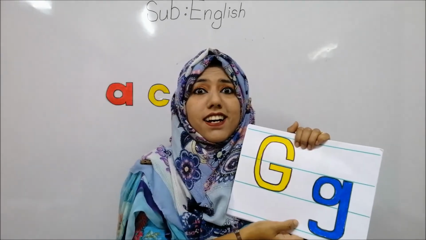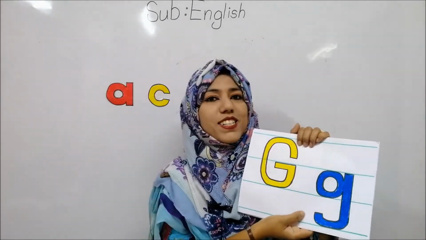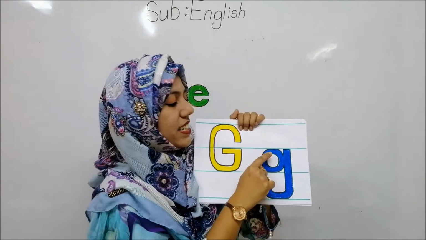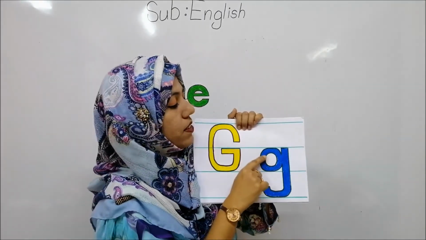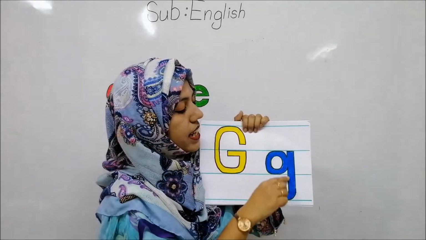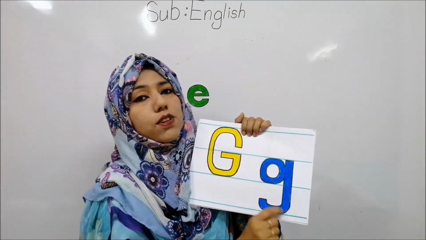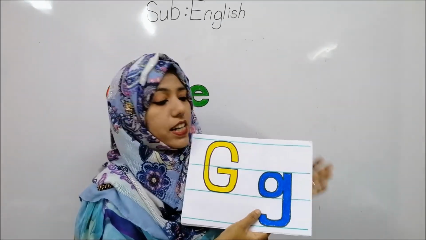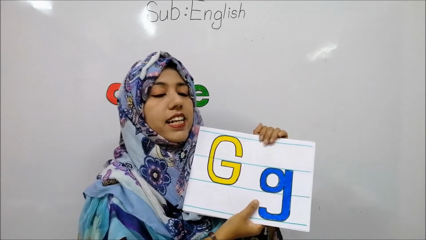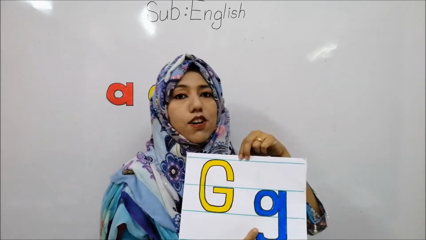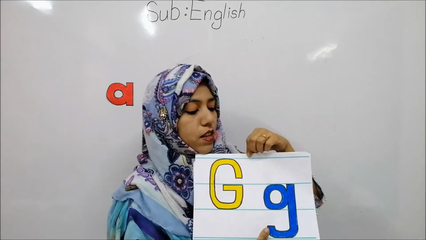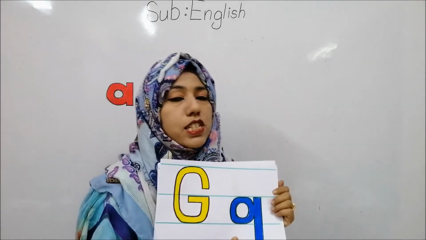So it's a hanging letter. G is a hanging letter because hanging letter starts from second line and it finished in the fourth line. So this is not a short letter. So this is not Mr. Turtle's friend.